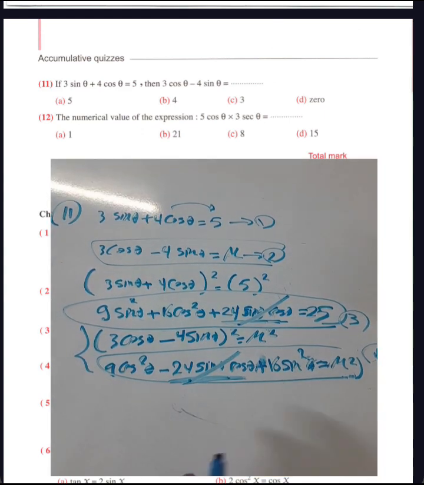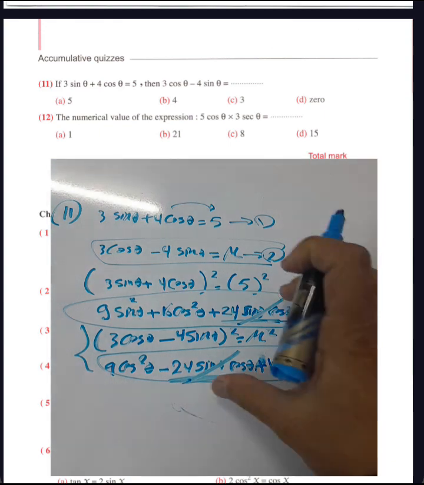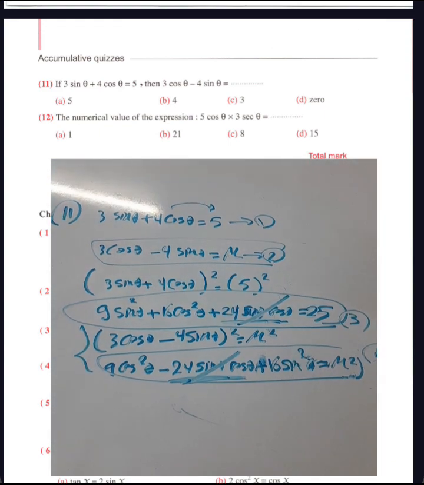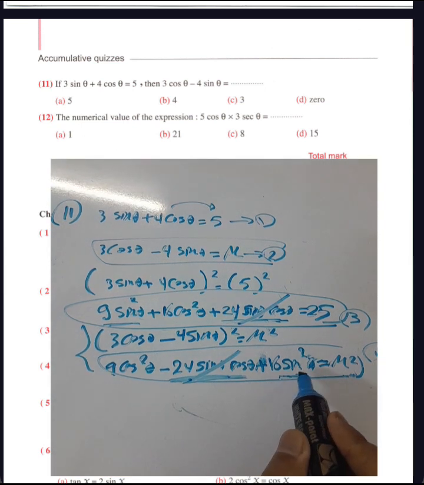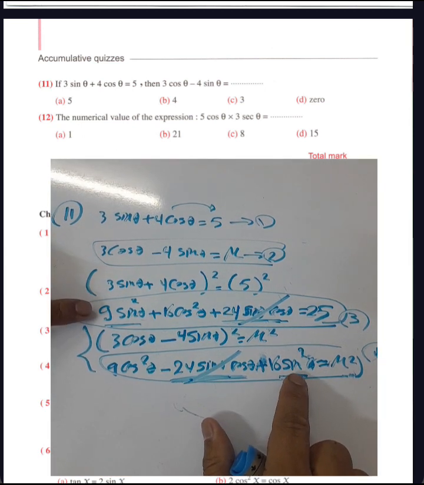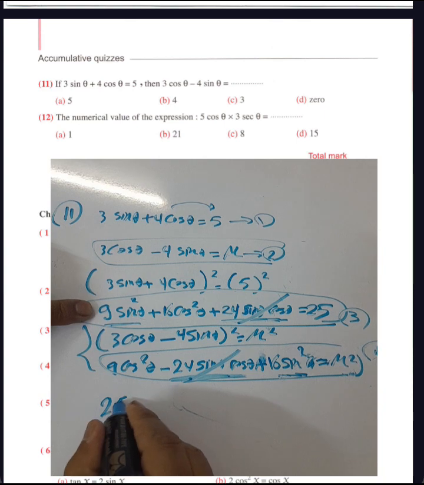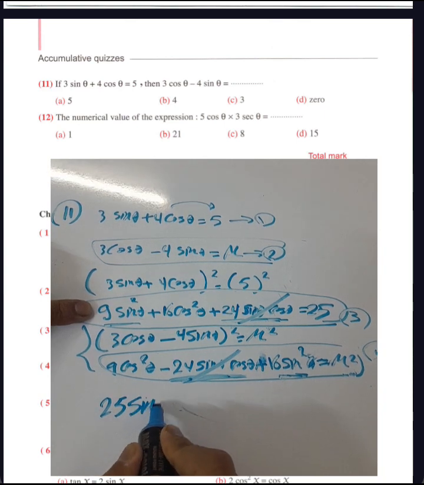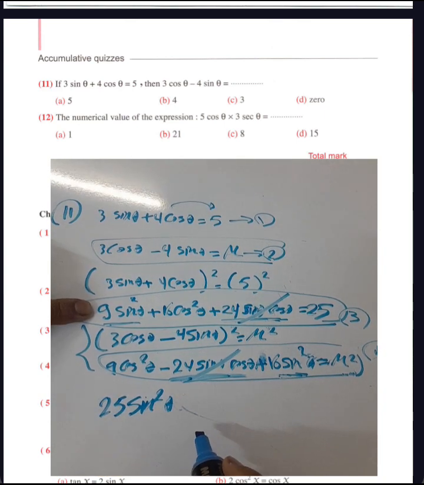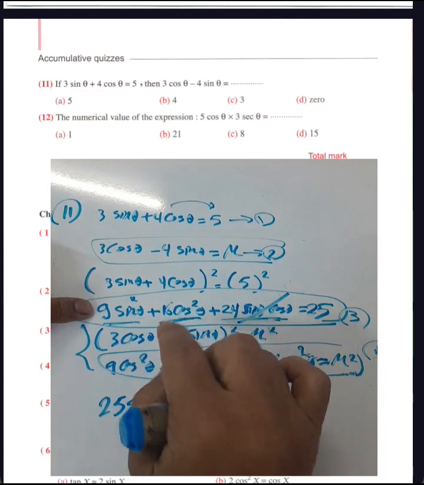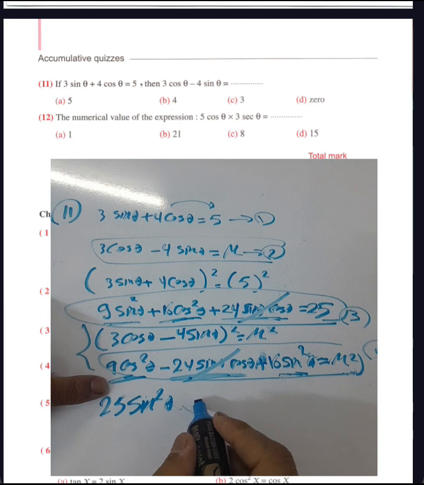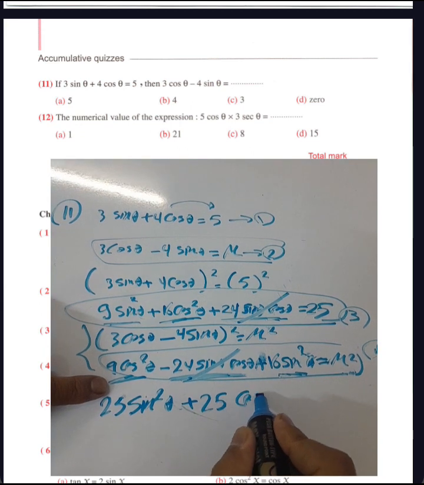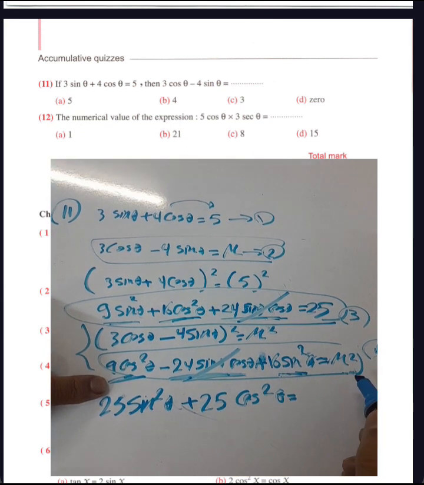And 9 sine power 2 theta plus 16 sine power 2 theta, it will be 25 sine power 2 theta, right? And 16 cosine power 2 theta plus 9 cosine power 2 theta, it will be 25 cosine power 2 theta, equal 25 plus m.